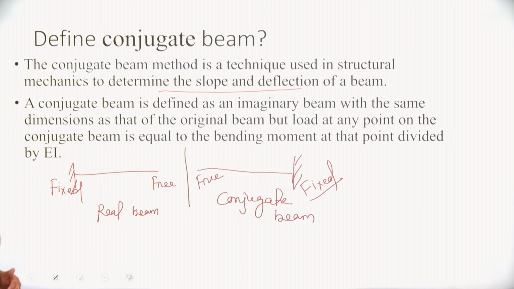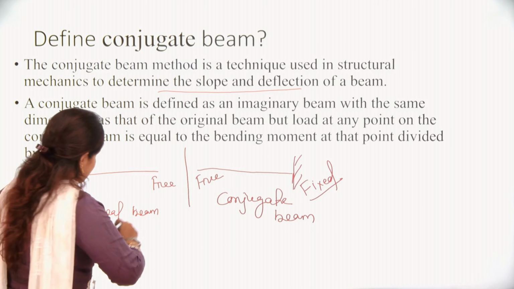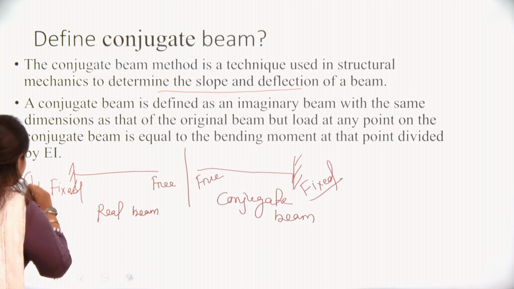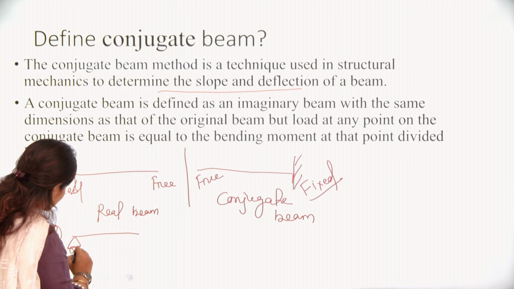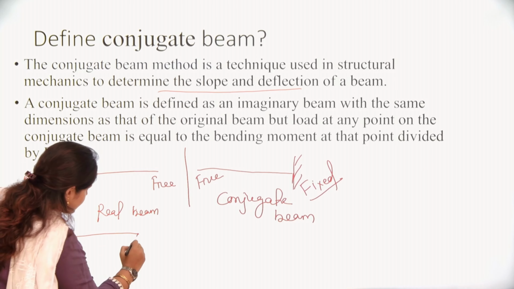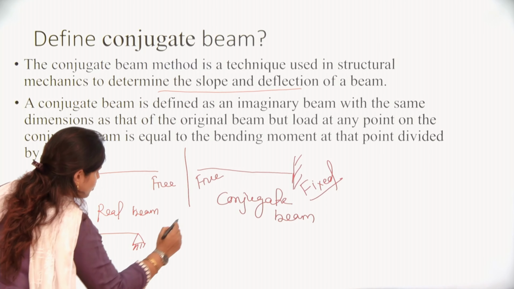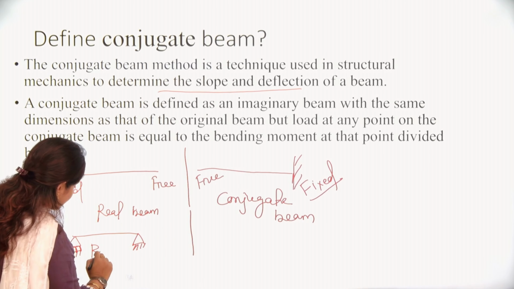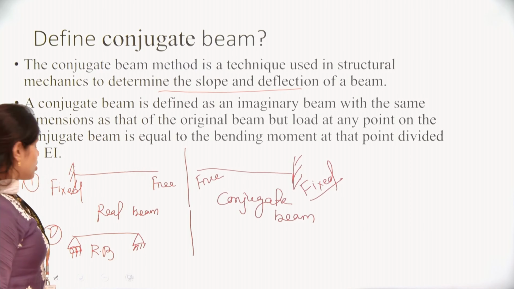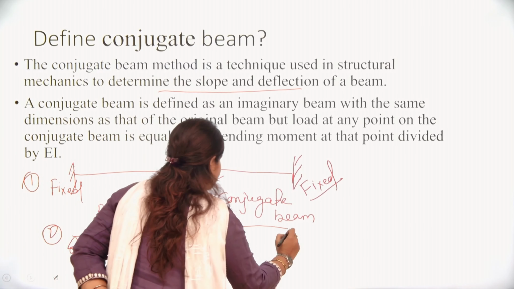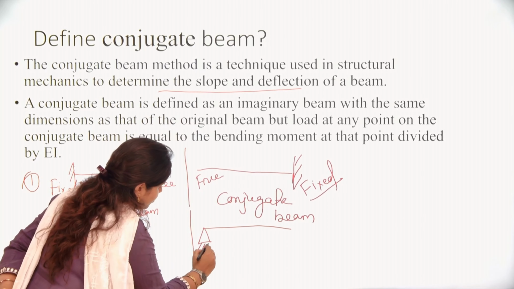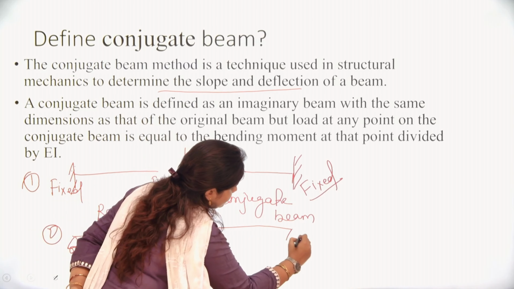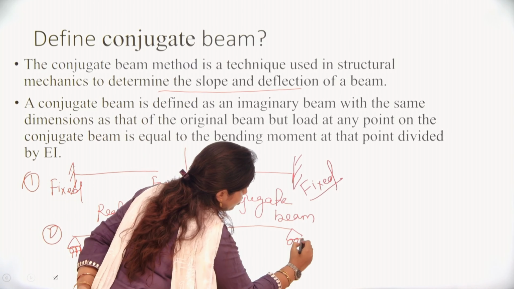With another example, we can understand this. If one end is a roller support and the other end is a hinge support in the real beam, then in the conjugate beam this end will be the hinge and this support will be the roller support.